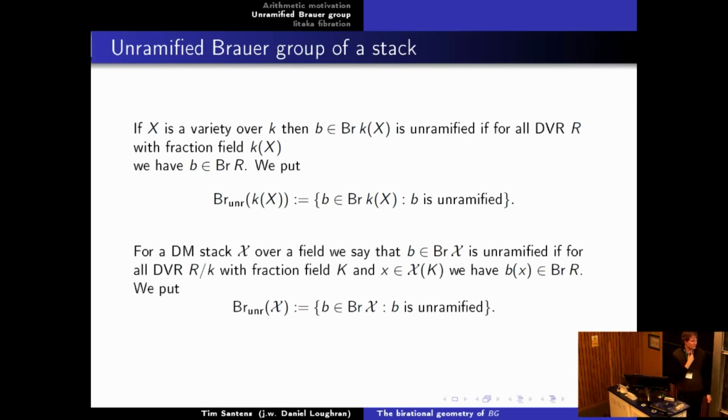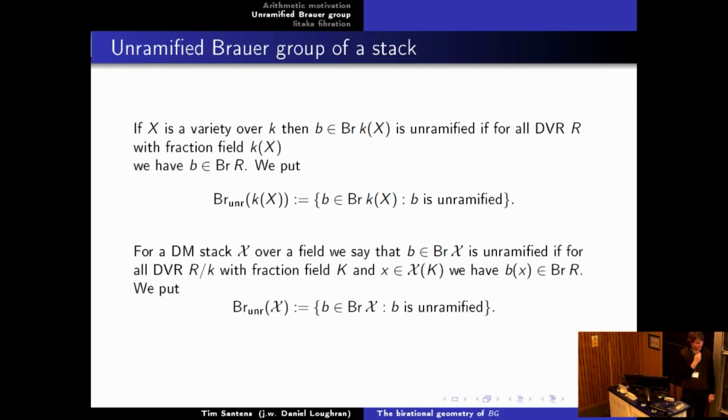More generally, if you have a DM stack X over a field, then we say that B is ramified if for all DVRs over the field with fraction field K and a rational point, the Brauer element evaluated at the rational point lies in the Brauer group of the DVR. And we put the ramified Brauer group of X to be the group where all elements are ramified.